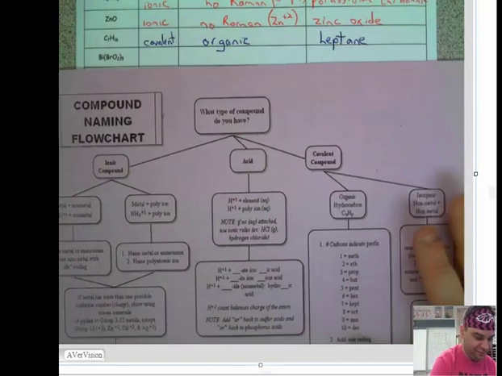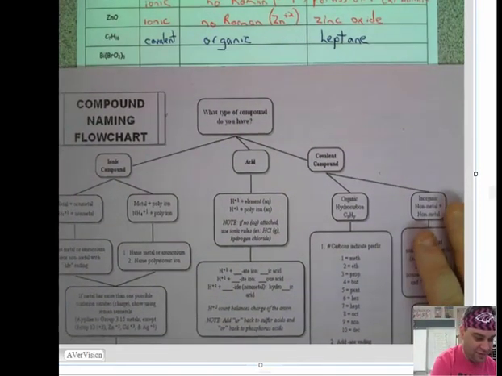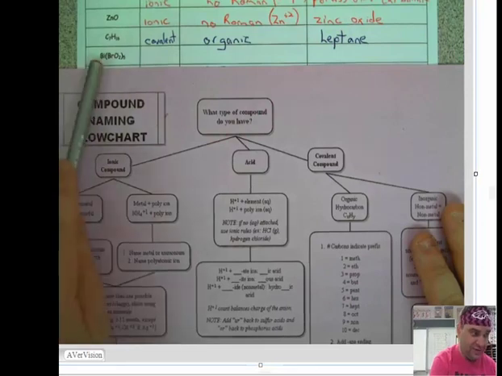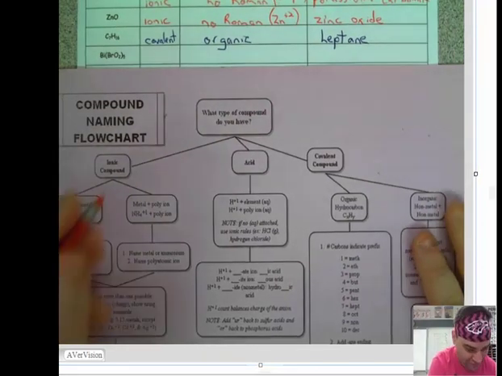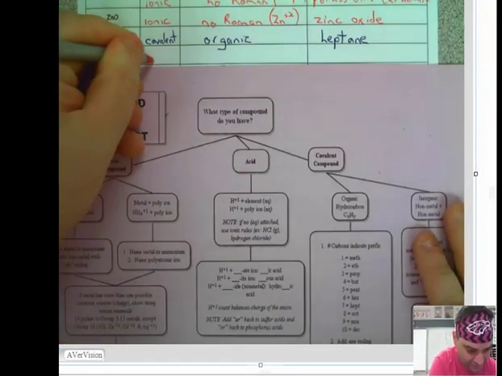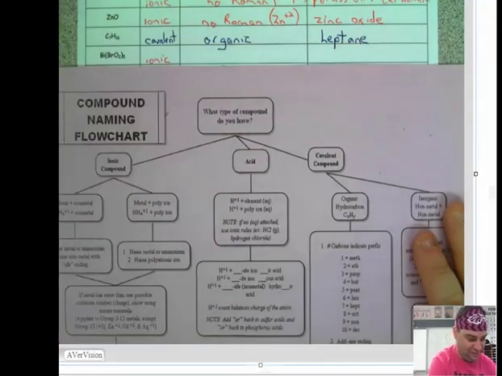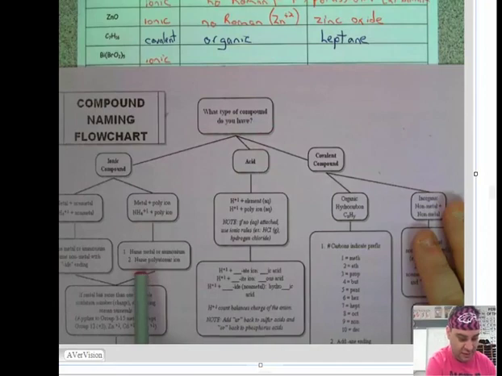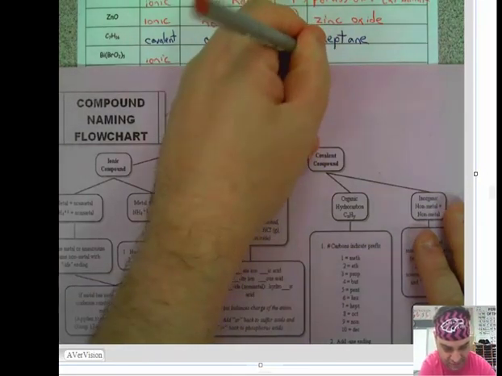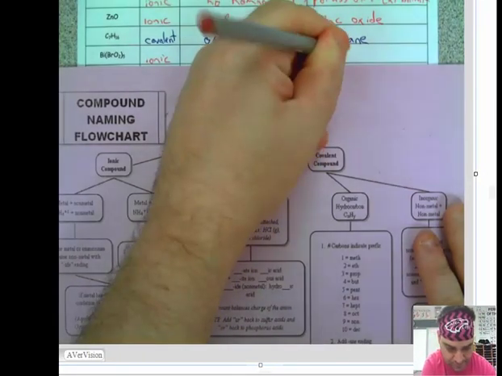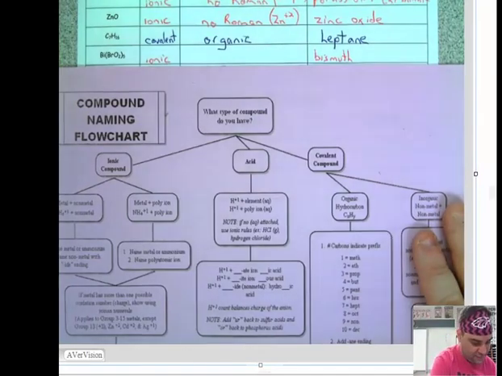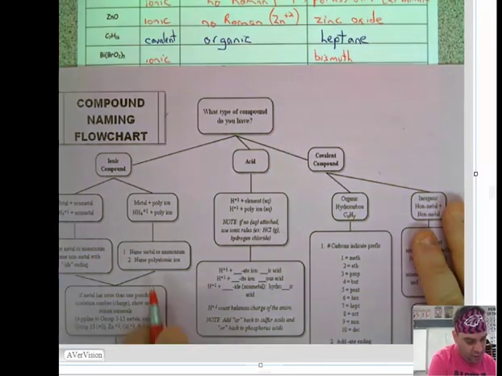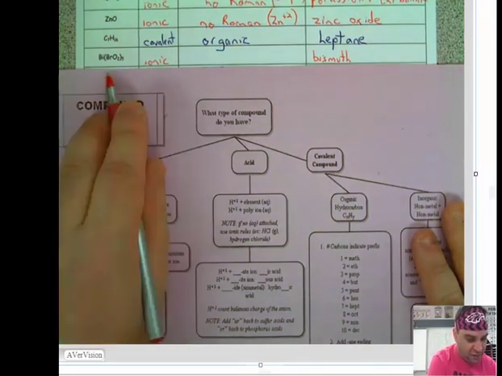Here we go, the next one. Bi(BrO2)5. Bismuth is a metal, so this is ionic. And we have a polyatomic ion, so we're right here on this side. Name the metal, bismuth. Name the polyatomic ion, BrO2.